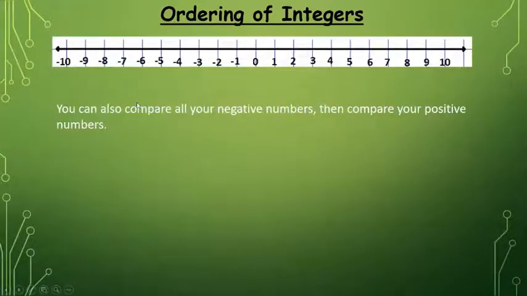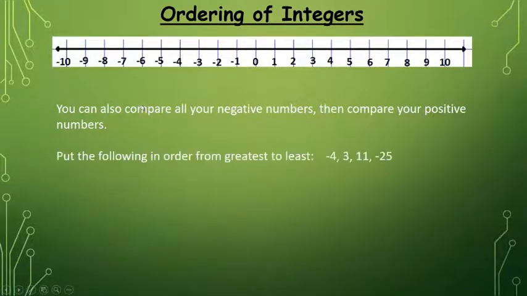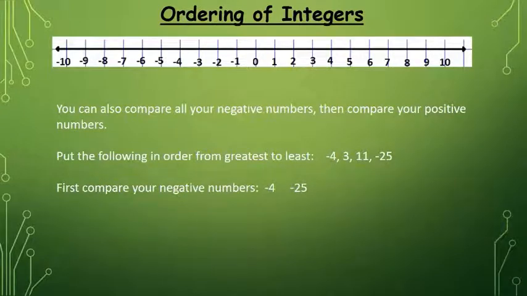We can also compare all our negative numbers, then compare all our positive numbers. For example, we have to put the following in order from greatest to least, which the integers are -4, 3, 11 and -25. First, we have to compare our negative numbers, which is -4 and -25.